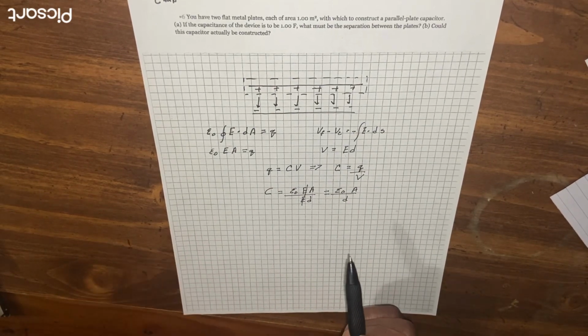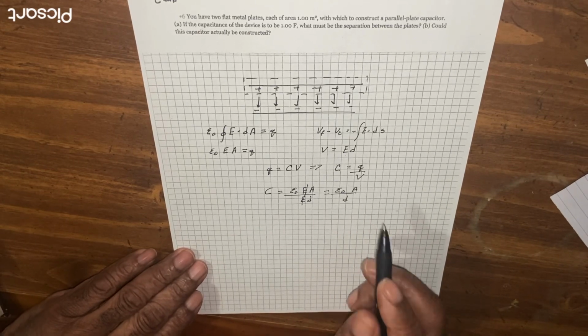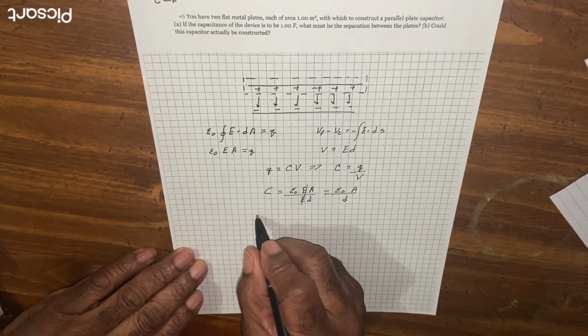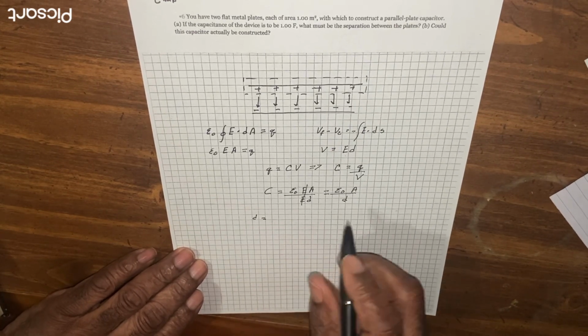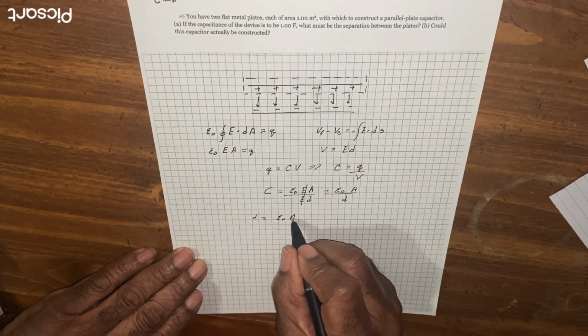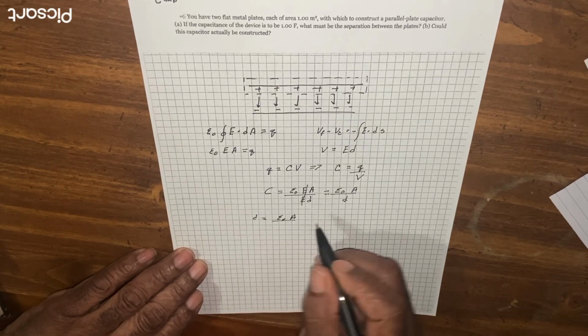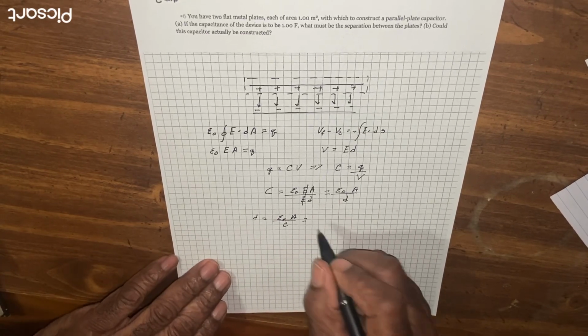Now the problem wants to know what D would be. So let's solve for D. D is going to equal epsilon naught A over C. And we'll just plug in.